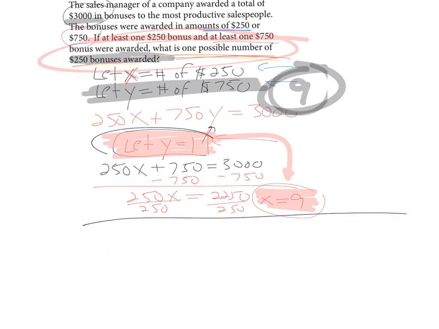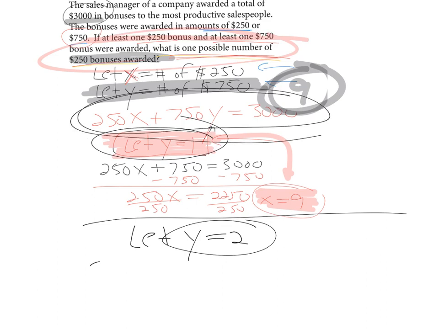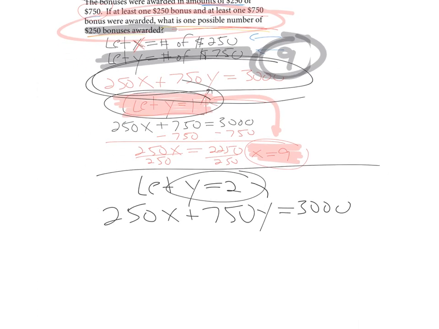You see how we assumed that there was one $750 bonus? If you assume that there were two $750 bonuses, take the equation that we had written, 250x plus 750y equals 3,000. Plug in now y is equal to 2. That's 250x plus 750 times 2, which is 1,500.